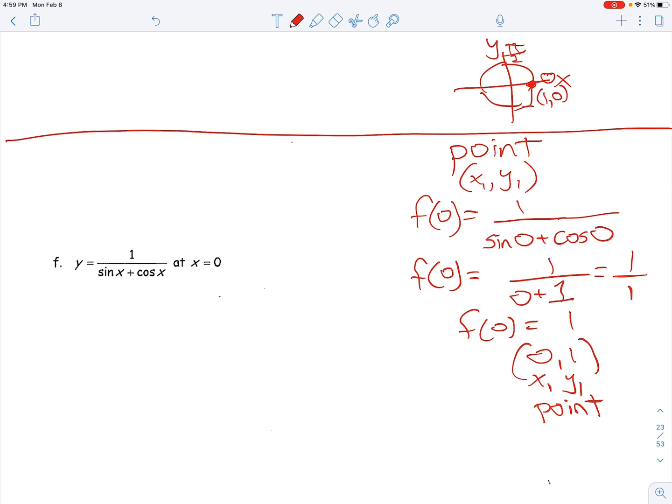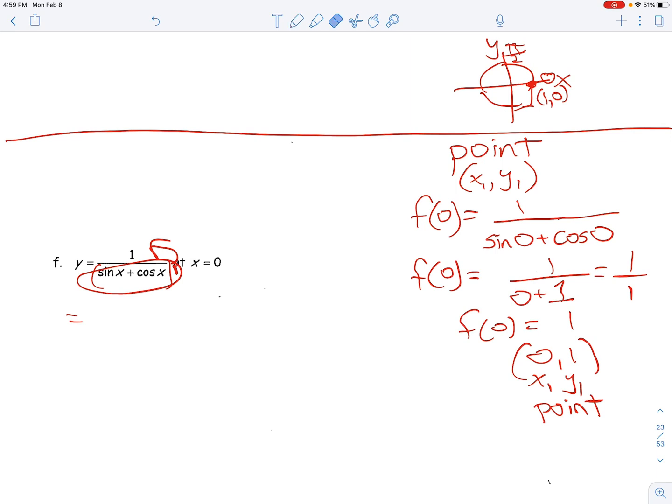You know what I mean by taking sine x plus cosine x, bring that up to the numerator by raising that to the negative first power. I don't know if that would do much, really. I guess I'll do that.